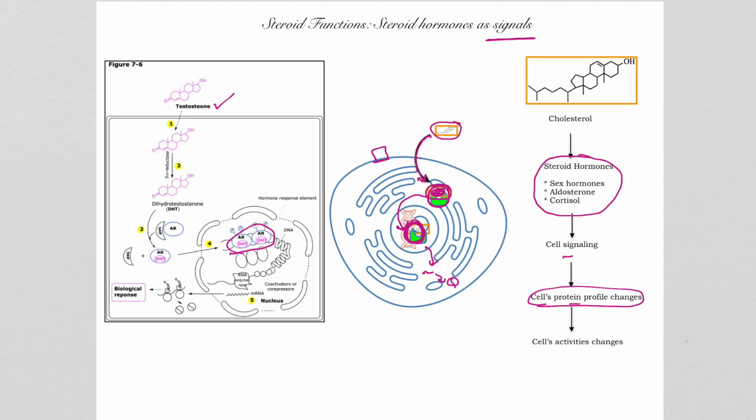And since proteins do most things for the cell, that will change the cell's activity. So steroid hormones are very powerful signals because they go right to many genes and change the protein profile of the cell. And again, we'll talk about this under cell signaling.